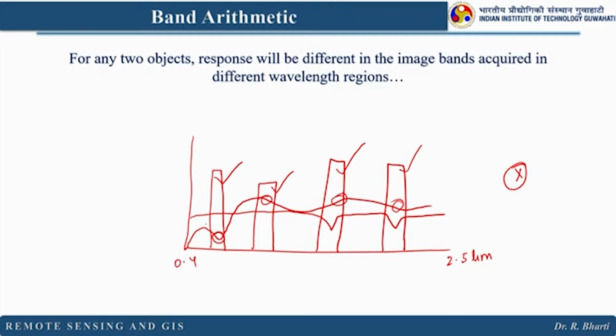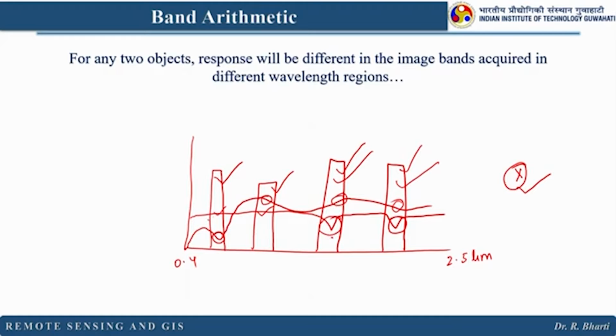But in the case of others, here you have an absorption feature, and here you have an absorption feature. So these two bands are very useful. You will find that darker portions or darker pixels are basically highlighting this particular material X. But for other wavelengths, it is a straight line, so it has comparatively high reflectance or emittance. So what we can do here is combine all these bands.